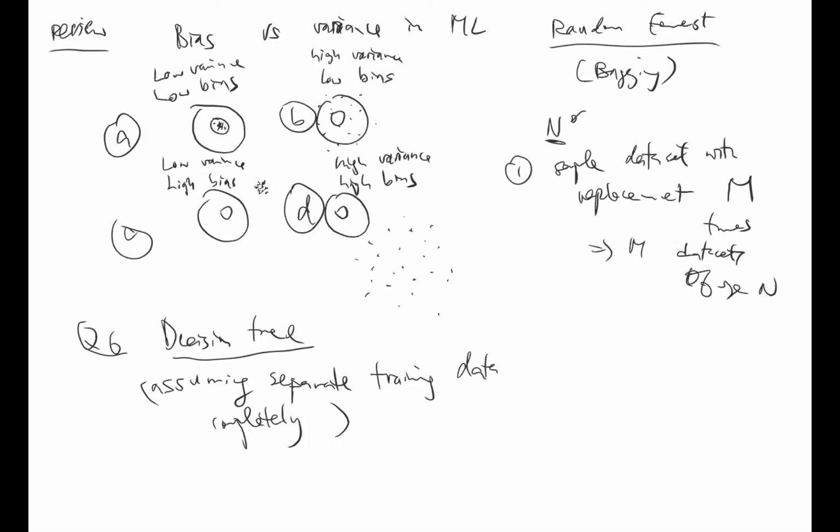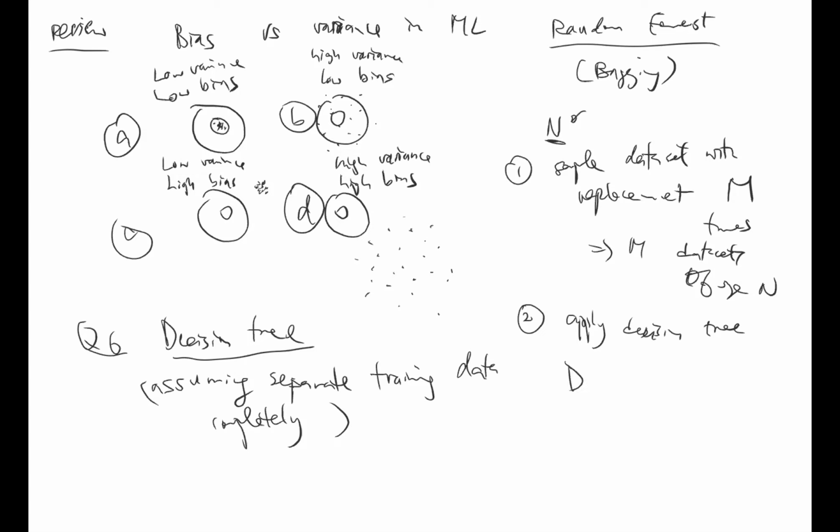What we do next is simply apply a decision tree to each of these data sets. But typically we won't use all the features, so that it allows some diversity among the trained decision trees. We don't want them to be identical.